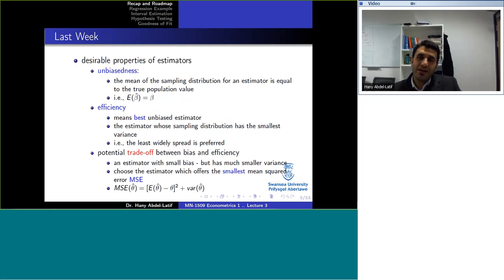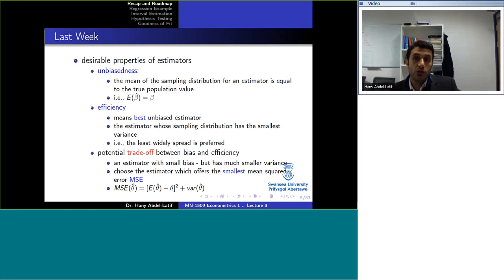Also, we talked about some desirable properties of the estimators. We talked about unbiasedness, and we said that we're looking to have an estimator that is unbiased, which means, if you remember, the values of beta1 and beta2 will change when you change the sample. So if you pick up another sample, you will have different values for beta1 and beta2.